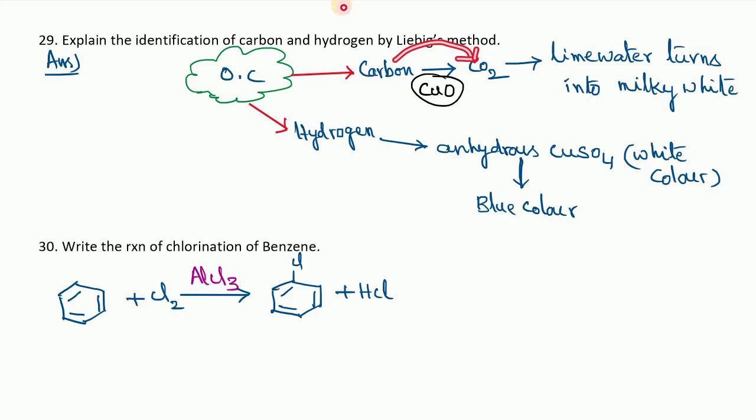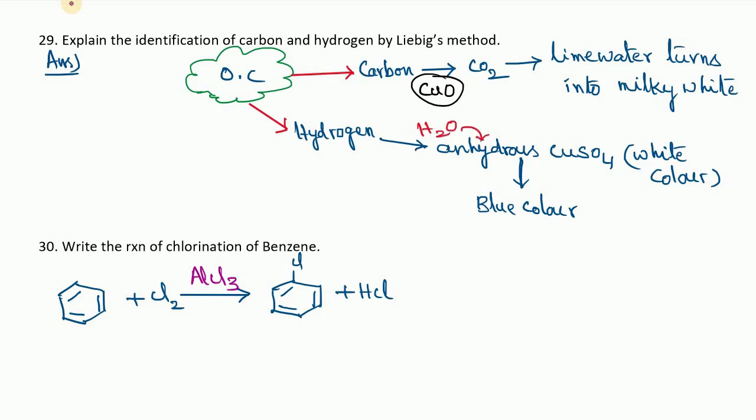How do you identify carbon dioxide? You studied in earlier classes. Carbon dioxide gas will turn lime water to milky white. Now hydrogen is there. How do you check hydrogen? This hydrogen is going to convert into water. How do you check this water?